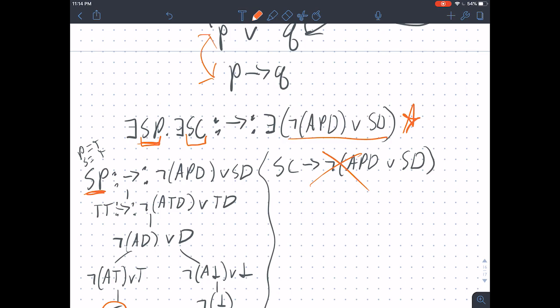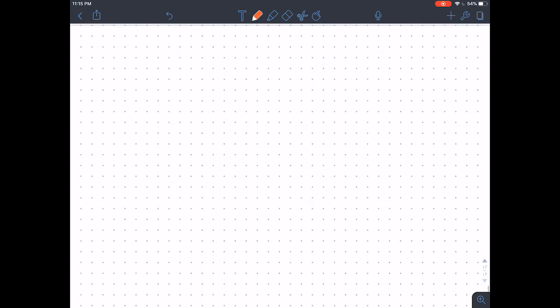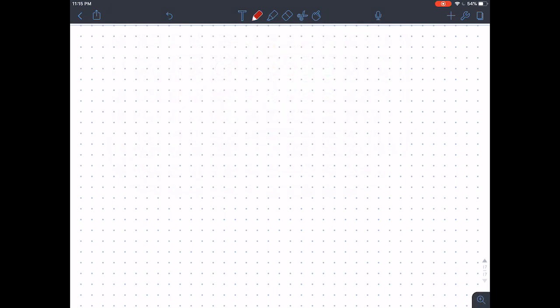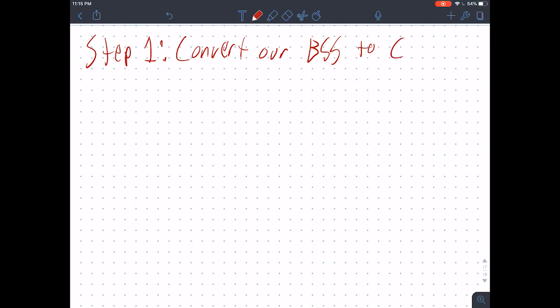So I'm going to go through a few more examples. And again, these are going to be in an argument form, but just to remind you, the method has 2 steps. We convert our Boolean statement schema to CNF. Then, kind of as an intermediary, we group negations and non-negations.